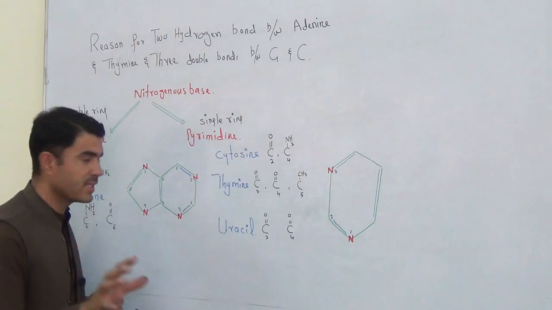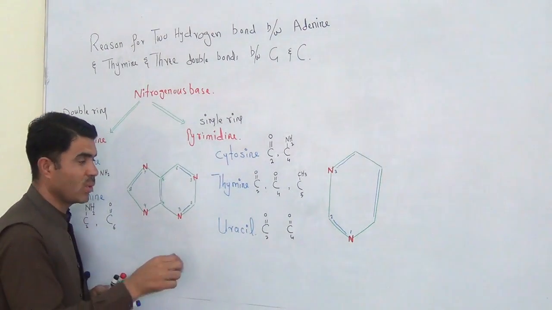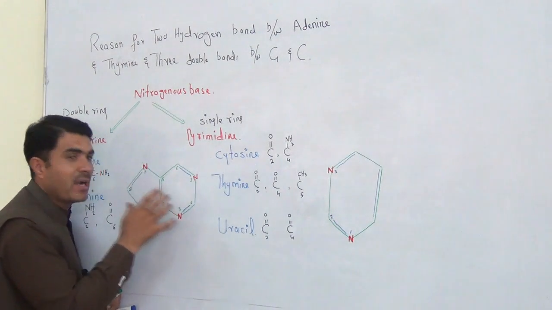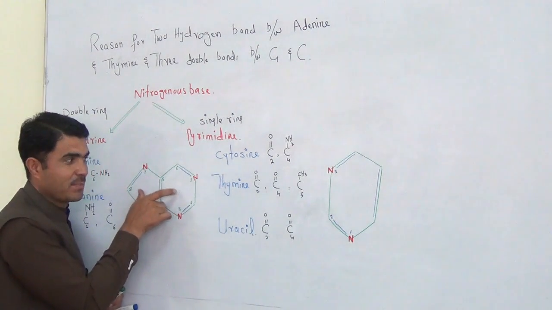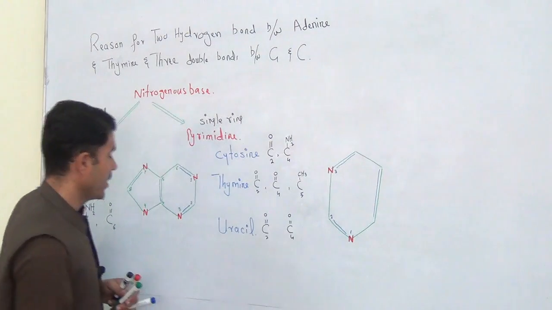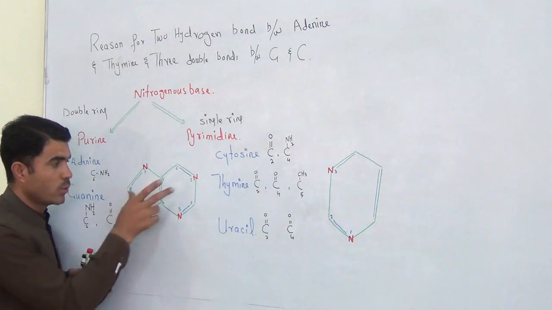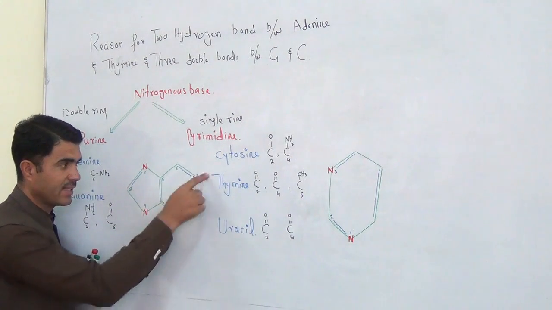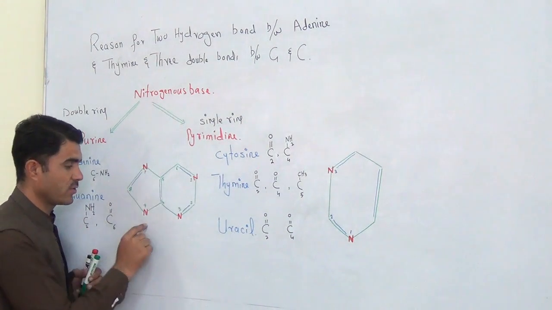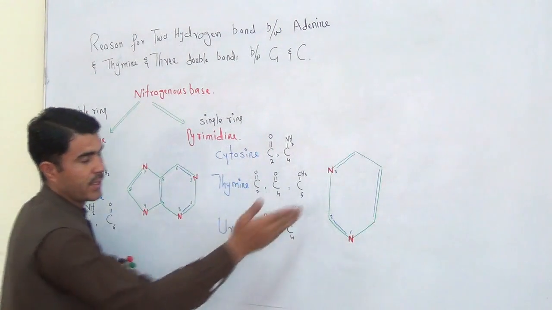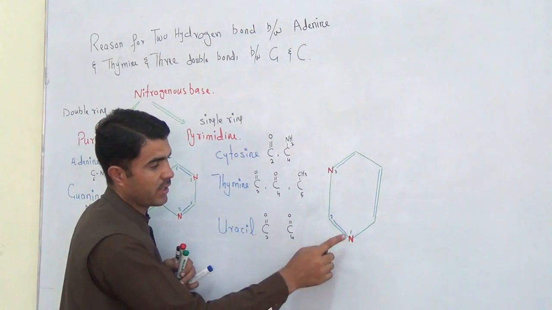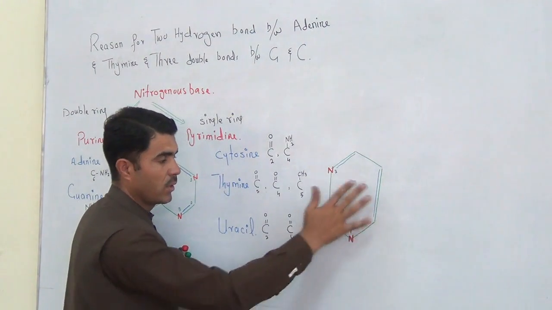Now, the first thing we must at least know is this simple diagram of double ring. Right, draw two rings. One is a 6 corner ring and the other is a 5 corner ring. 2 nitrogen at these two positions and 2 nitrogen at these two positions. Here you can again write this kind of diagram. You can write 2 nitrogen in this one.